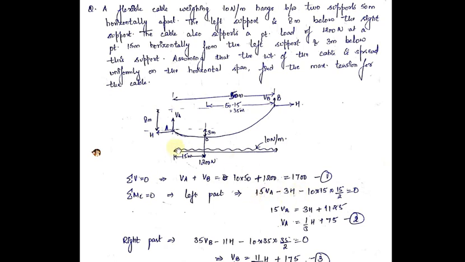So plus, the perpendicular distance of VA from C is 15, so plus 15 into VA. Second force is the horizontal thrust, capital H. This capital H will produce an anti-clockwise moment about point C, and the perpendicular distance of point C from the line of action of H is 3 meters. So minus 3 into H.